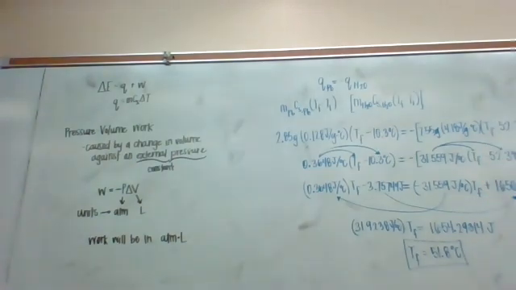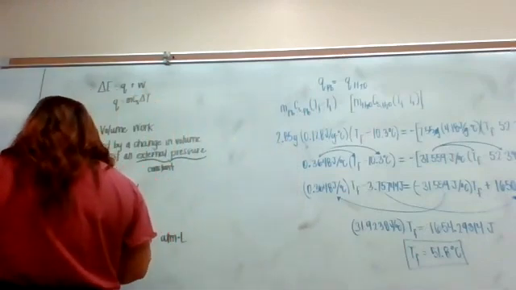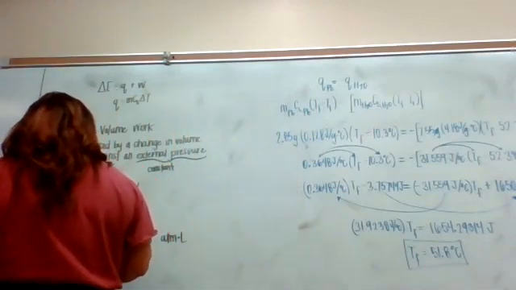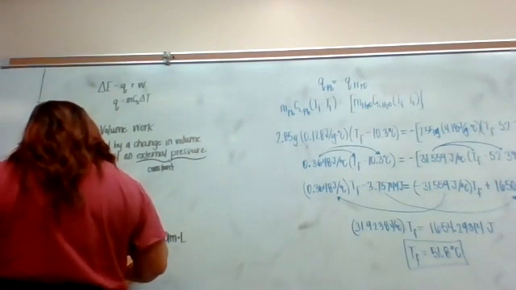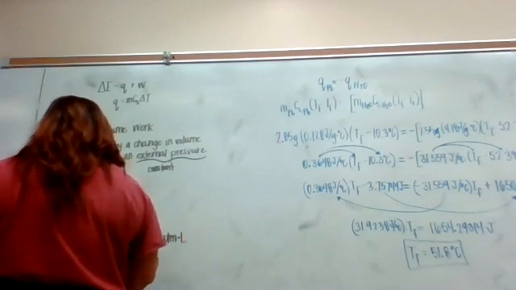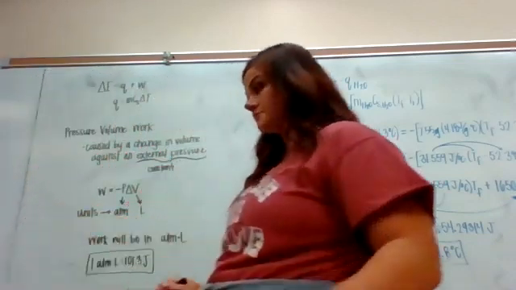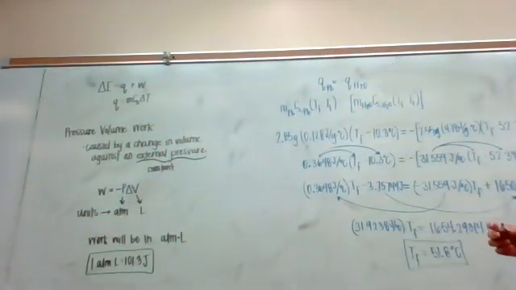So if I'm adding Q and W together, they need to be in the same unit. So the hardest part about calculating work is remembering that you've got to convert it to joules. To convert to joules, 1 atmosphere times liter is equivalent to 101.3 joules.